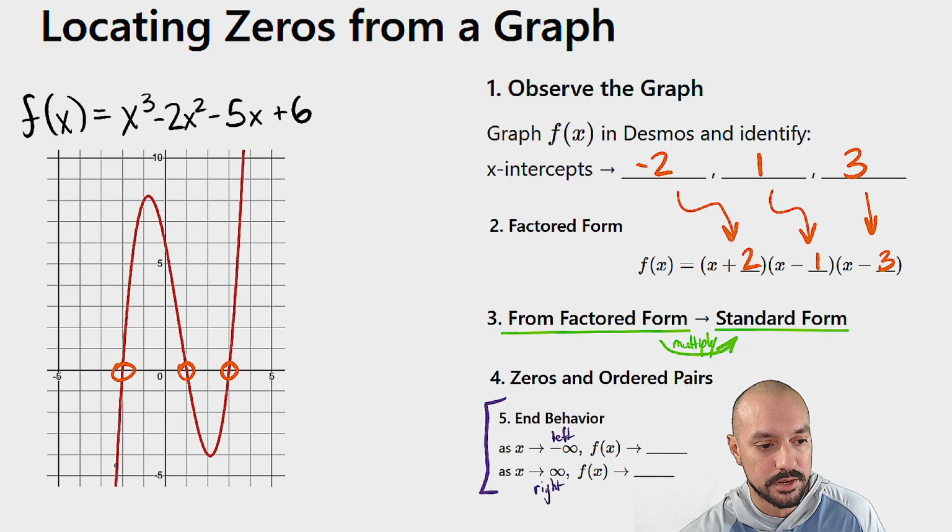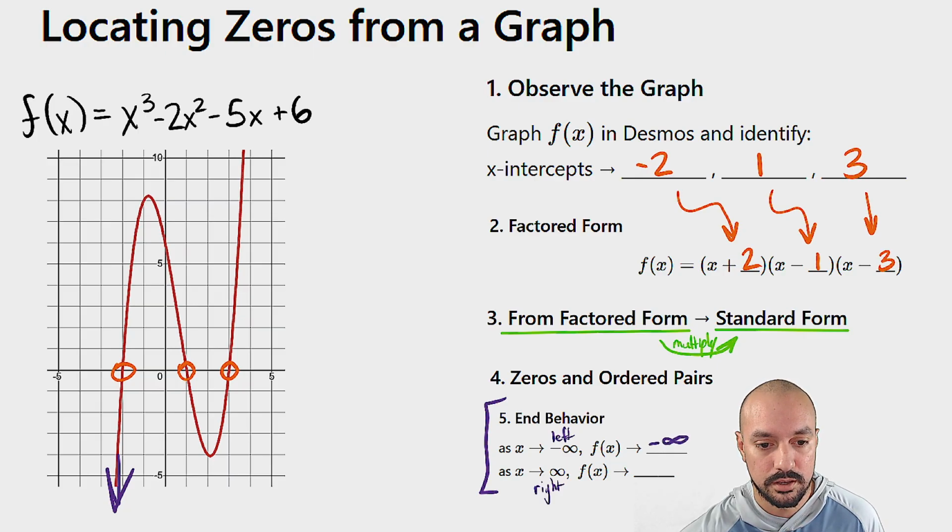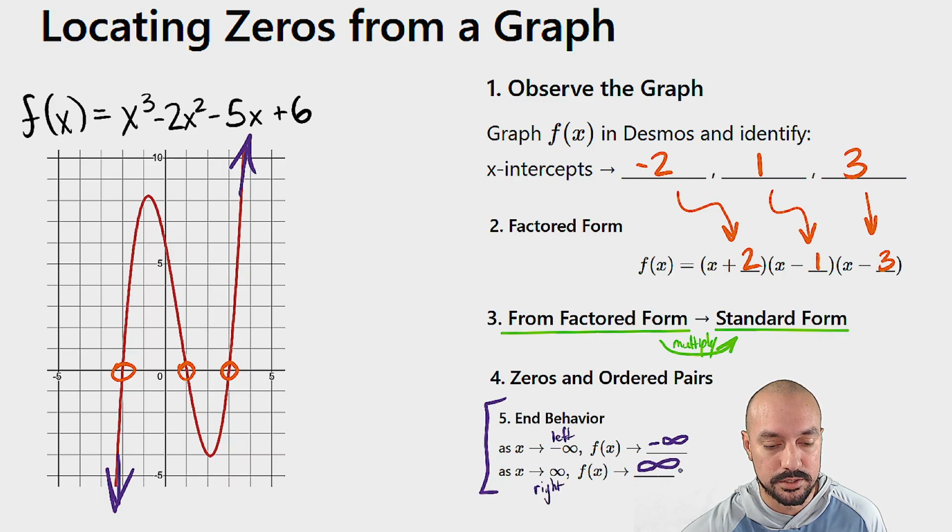On the left side of the graph, the y value is going perpetually down. So f of x, which is a longer way of saying y, is going to negative infinity there on the left. And here on the right-hand side, our y value is going up, so it's going to positive infinity.